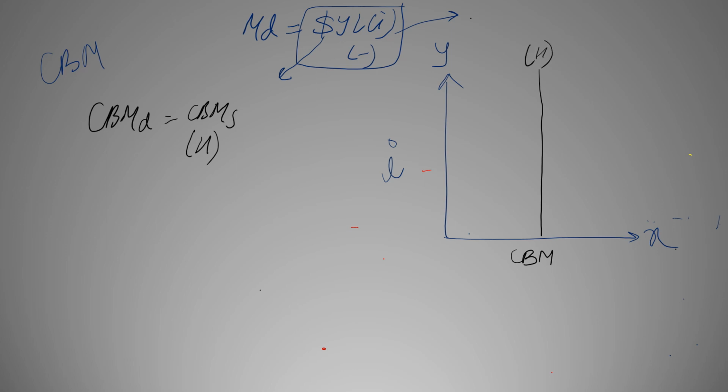And this inverse relation between MD and I will make this go like this, right? A downward sloping graph. Now, the point of intersection of these determines our I, the interest level.